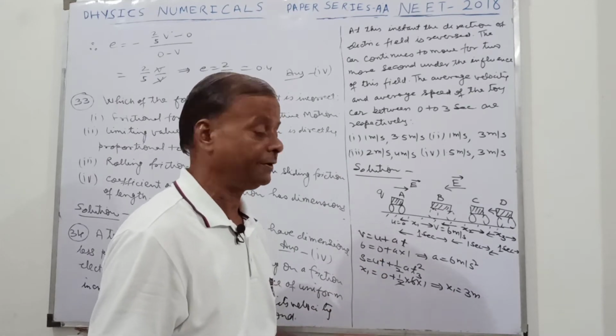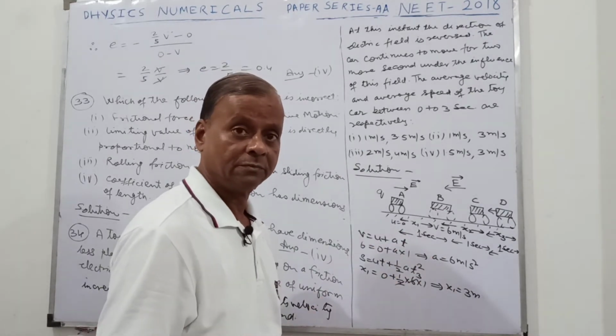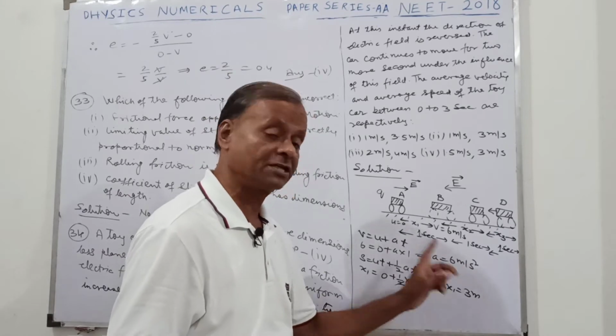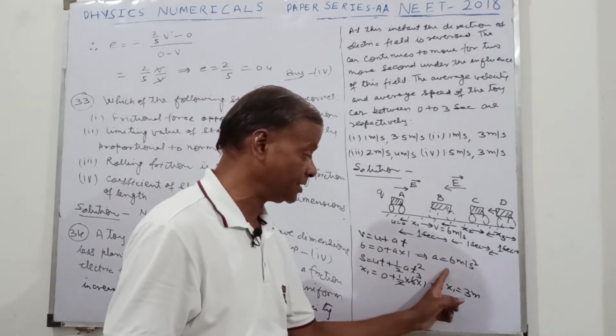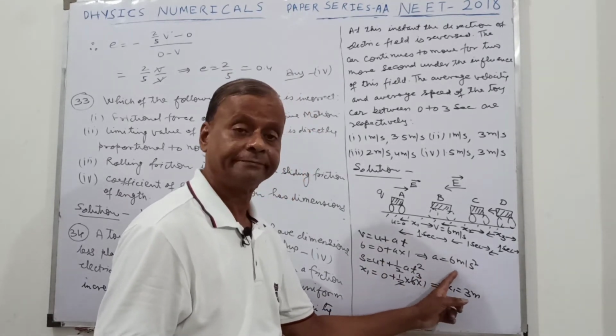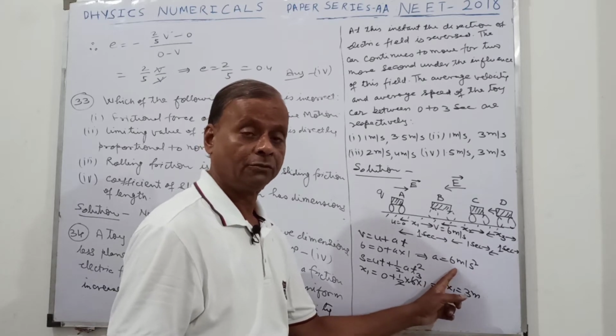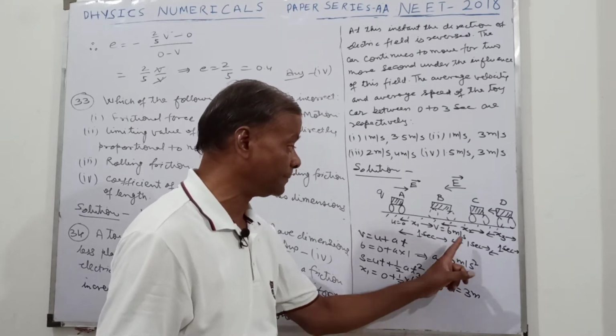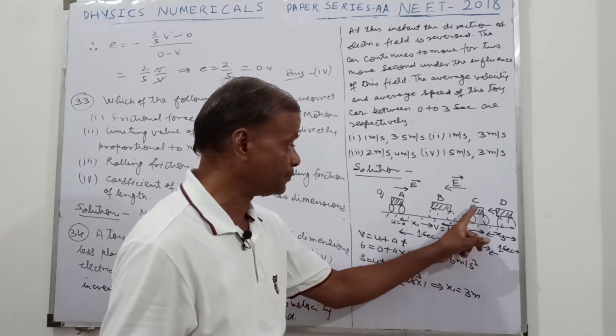Now we have to find what would happen when the direction of the electric field is reversed. Definitely it will be retarded. Since it was moving with this acceleration, this will be the same retardation. So what will be the velocity at this point C?